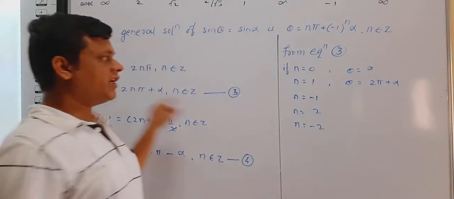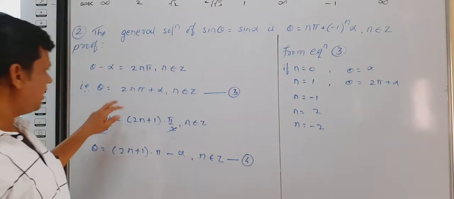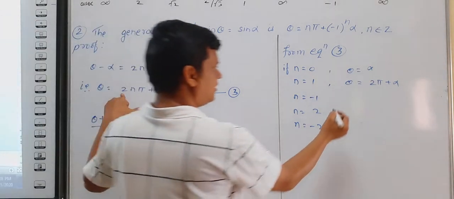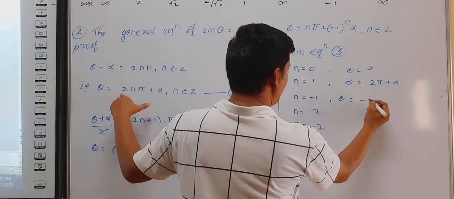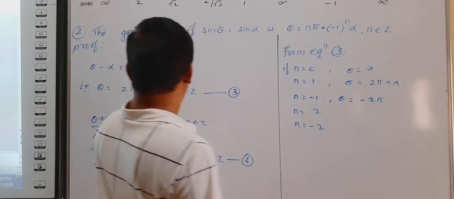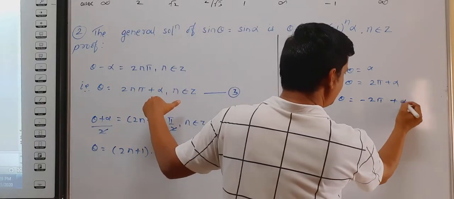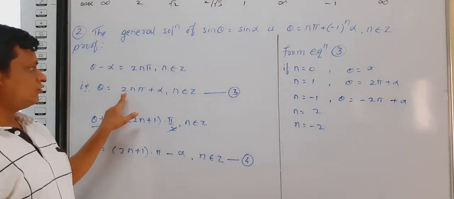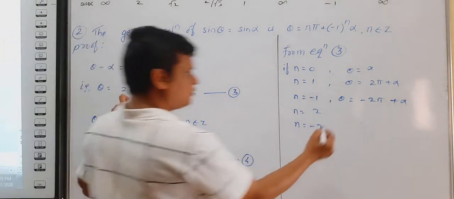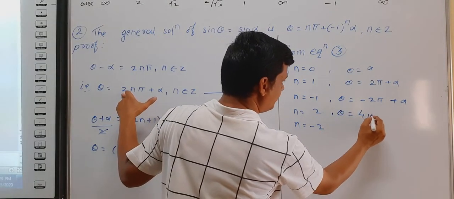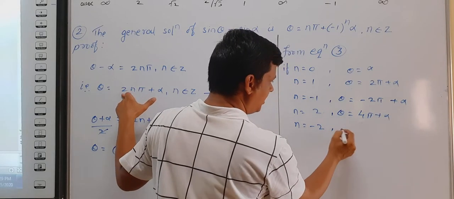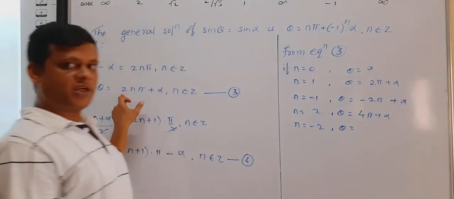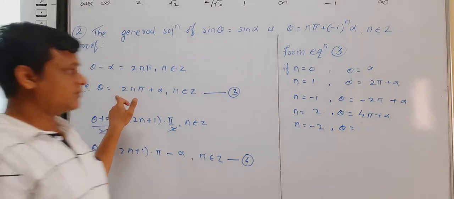When n equals minus 1, we get theta equals minus 2 pi plus alpha. When n equals 2, we get 2 into 2, 4, so theta equals 4 pi plus alpha. Similarly, for n equals minus 2, we get minus 4 pi plus alpha.